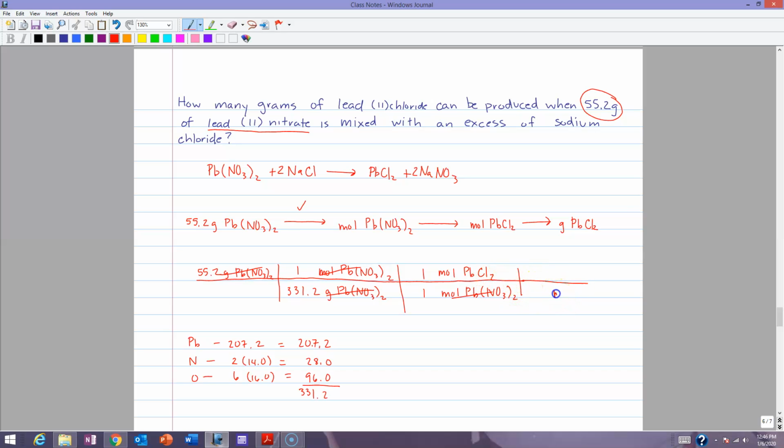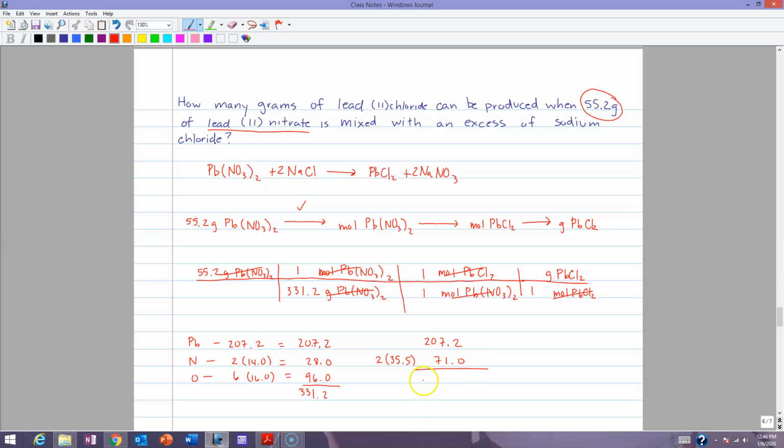Now I'm going to carry down moles of lead 2 chloride, and I'm going to carry up grams of lead 2 chloride. I have moles and grams, so 1 is going to go in front of moles. And lead is 207.2, and chlorine, I have 2 of them. Each one is 35.5, so that gives me 71.